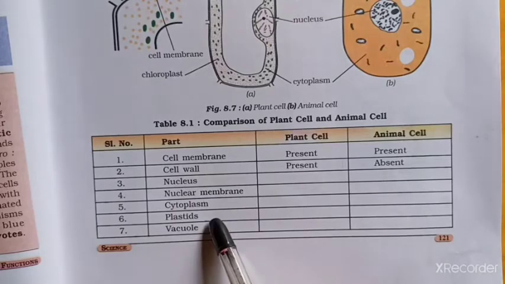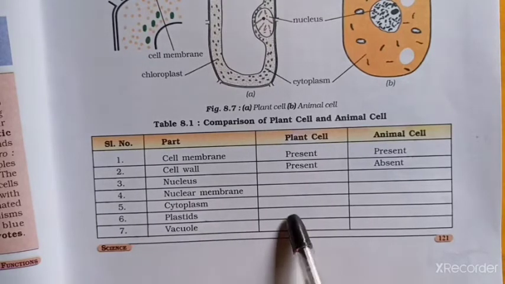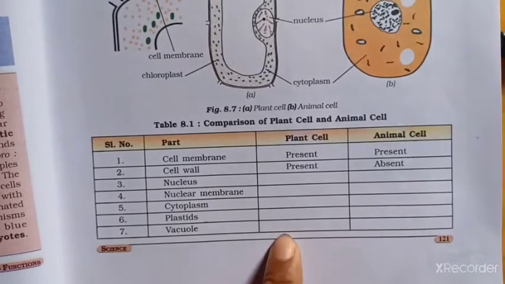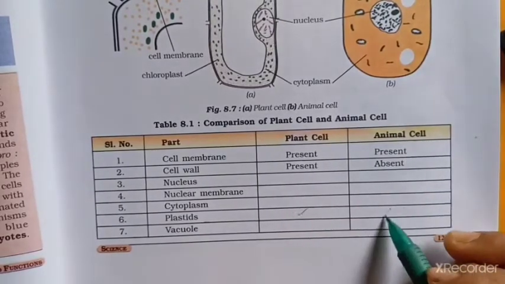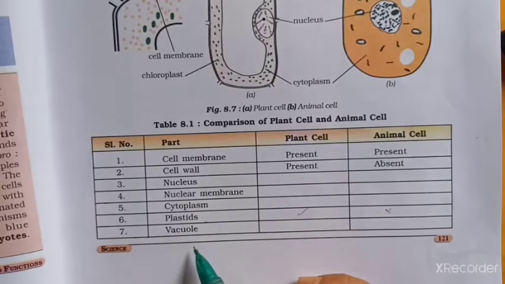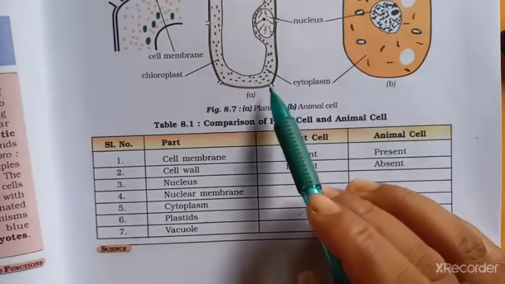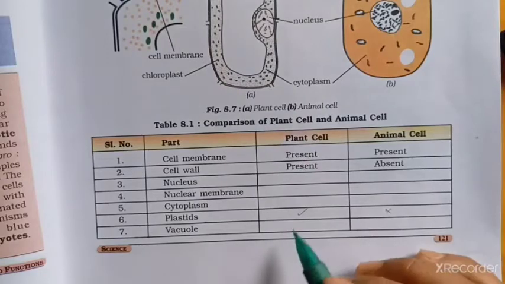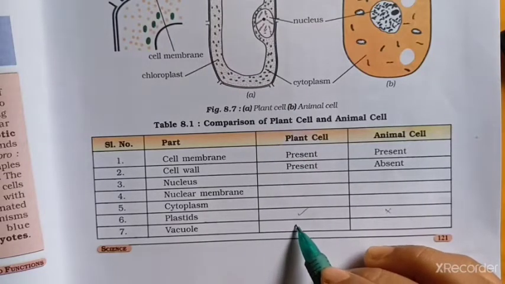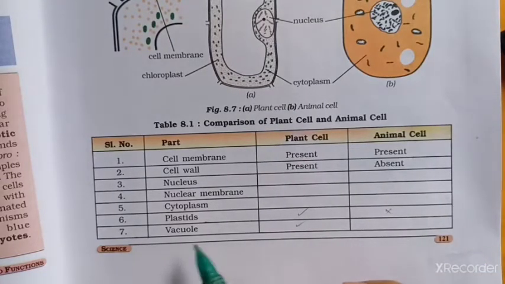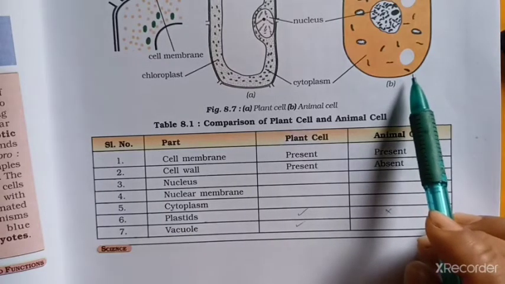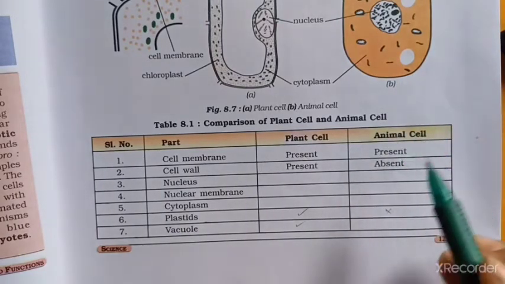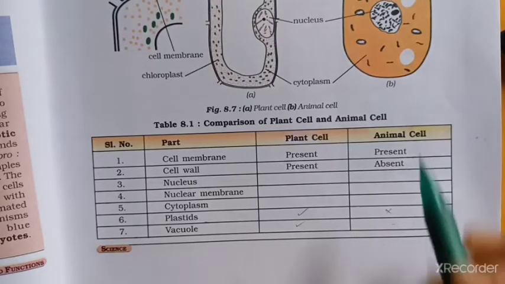Plastids are present in the plant cell, and in the animal cell plastids are not present. Large vacuoles are present in the plant cell, whereas vacuoles are present in the animal cell too, but they are very small.